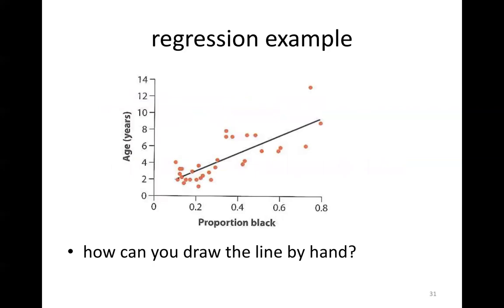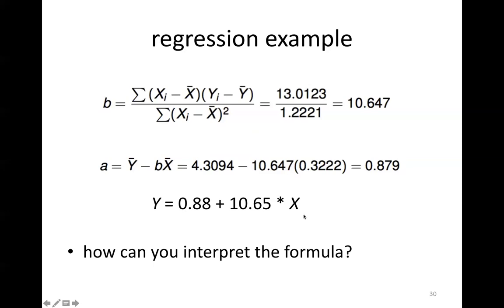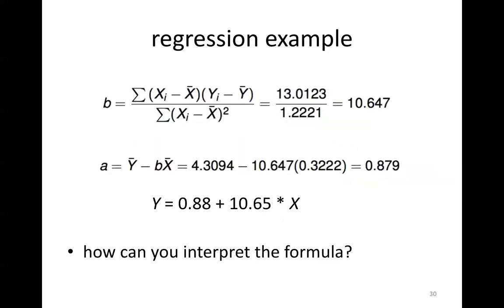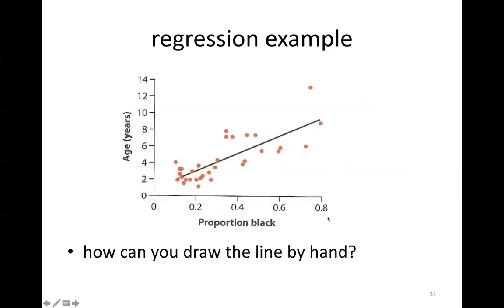How could you draw this line if you have this regression curve already calculated? You could calculate the estimated values of y for two values of x.